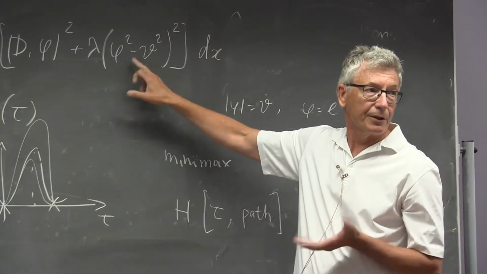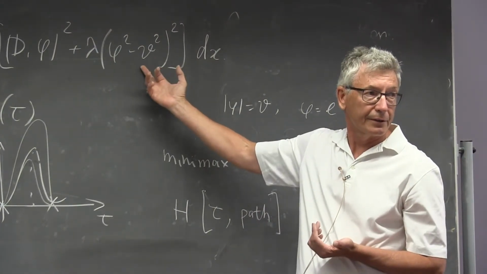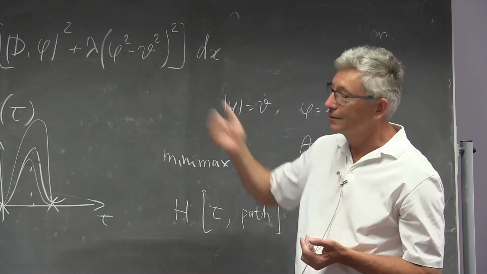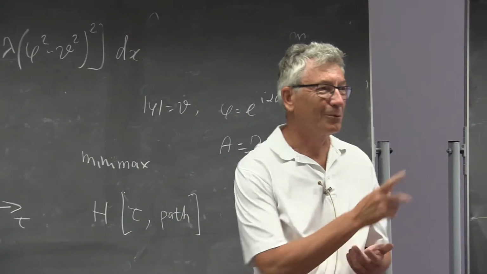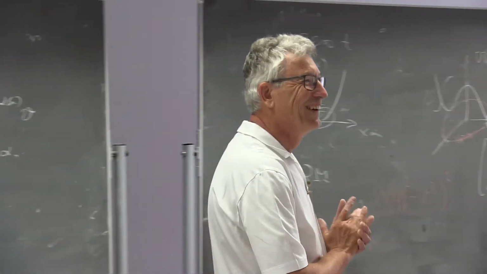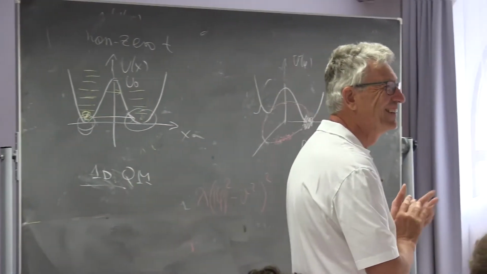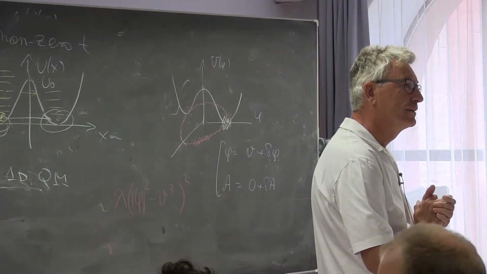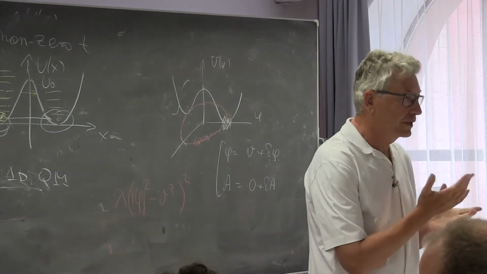Okay, this formula is valid for any x, right? So what did you want to say? That a single point in the y space doesn't describe all your field configuration. Yeah. That's certainly true.